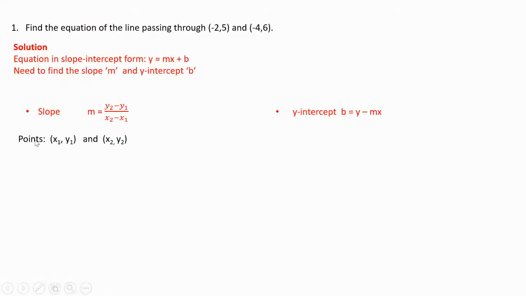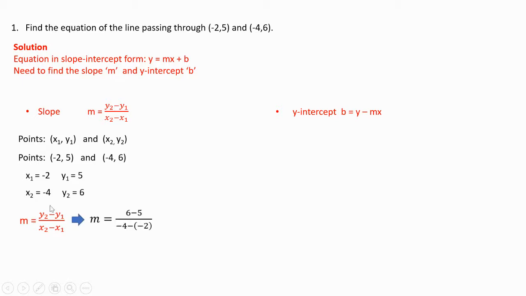Now, here are my points: x1, y1, and x2, y2. So negative 2 can be x1, 5 can be y1, negative 4 can be x2, and 6 can be y2. All we do is put the formula and plug in the numbers.